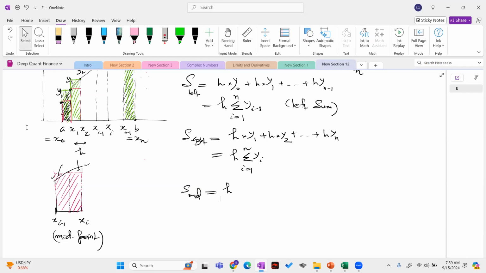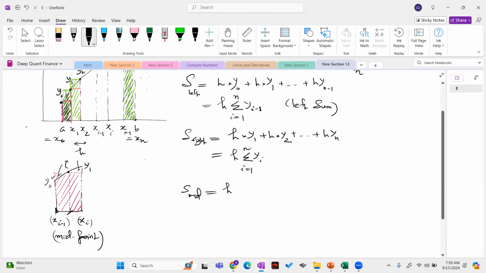So in this picture, what I have done is, first take the midpoint of x, then calculate the value of the function at the midpoint. We are not averaging the heights of y0 and y1. We are not evaluating the height of the function at x i minus 1 and x i, then taking the average. Look at the picture.